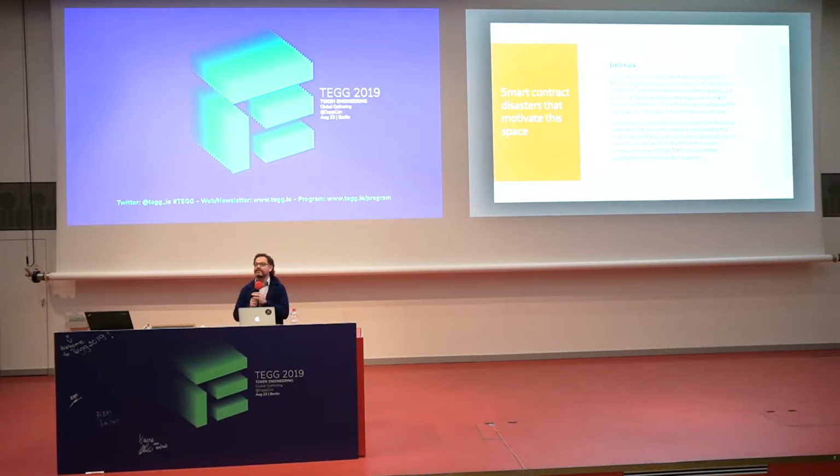So here's a couple of things that motivate a lot of the work that's been happening on trying to improve the quality of smart contracts, trying to validate them, trying to verify them, and so on and so forth. The first one goes back to 2016, and I'm sure most of you have heard about this in some way, shape, or form.